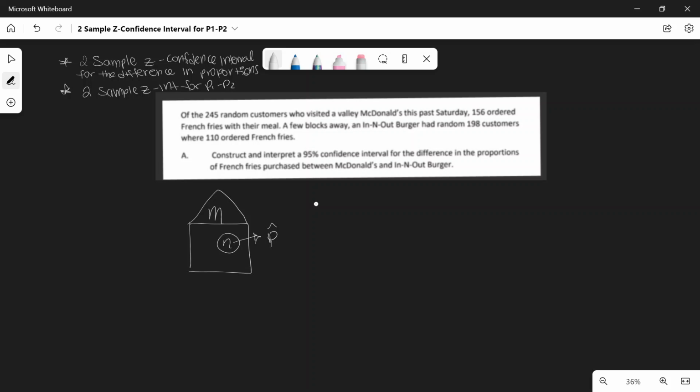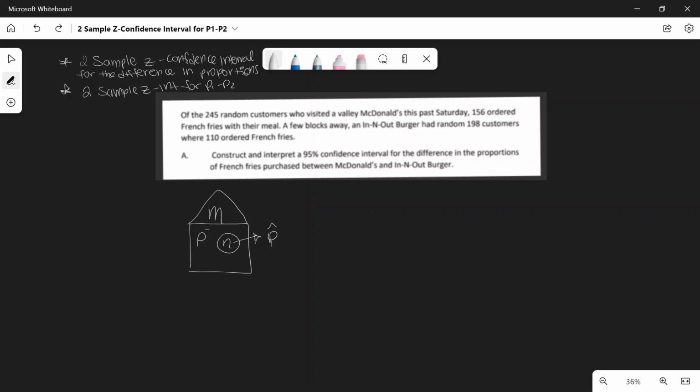So we can't get the proportion of all customers in this McDonald's who ordered French fries, because we can't get the capital N. We can't get all of those customers who go to McDonald's.